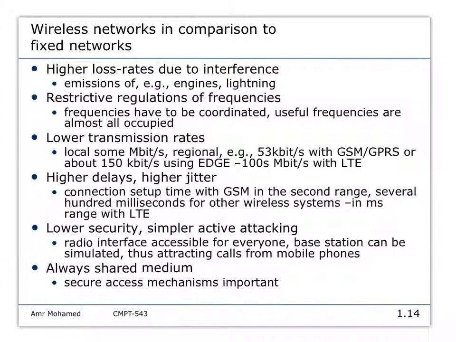With wireless, we don't have that. It's just a signal which is broadcast in the environment. So anyone can detect this signal and read something from it, right? So this fundamentally changes the concept of security. So wireless security is always very challenging.